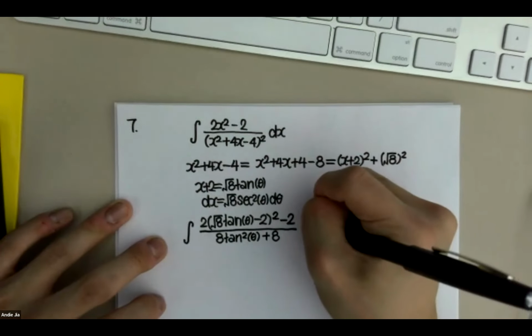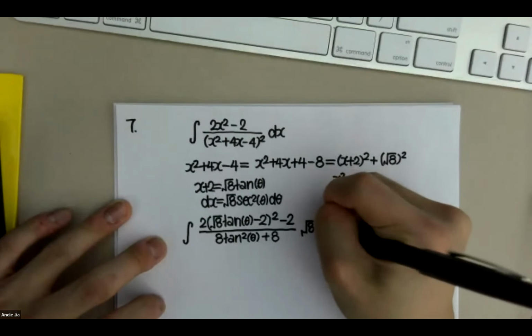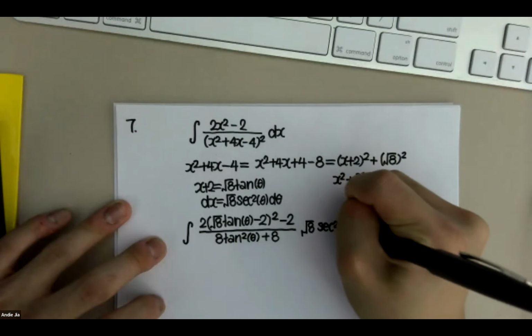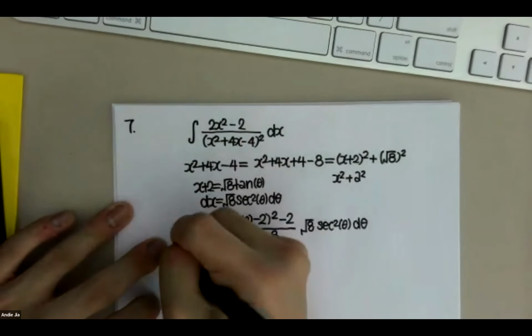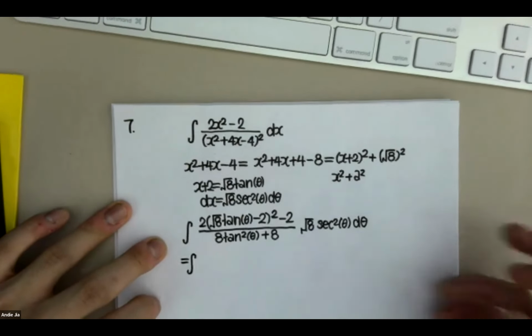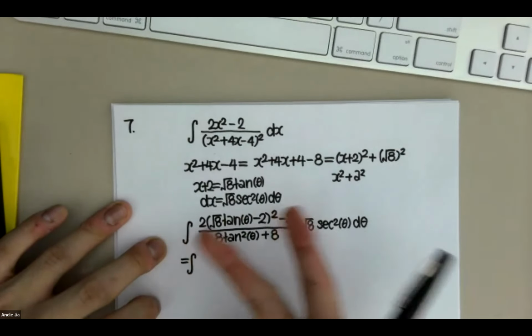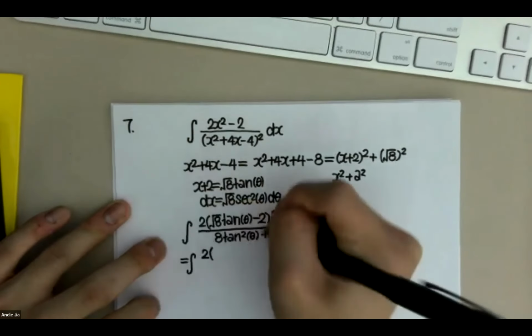Then it's going to be square root of 8 secant squared of theta. I mean, just rewrite the integral. Well, maybe just don't expand it. Later, I will show why not to expand it. But just leave them there.